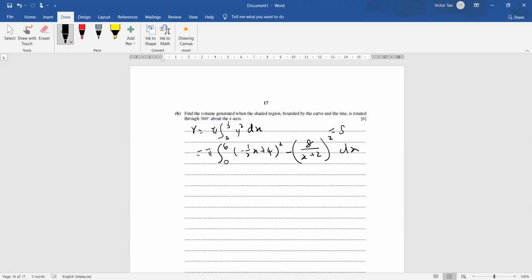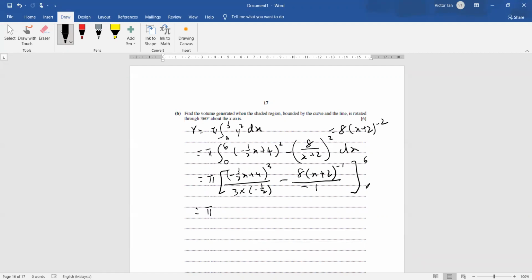So this is 8 (x plus 2) to the power negative 2. So integrating, you get (minus half x plus 4) to the power 2 plus 1, which is 3, over 3 times minus half, minus 8 (x plus 2) to the power minus 2 plus 1, which is minus 1, over minus 1, from 0 to 6.